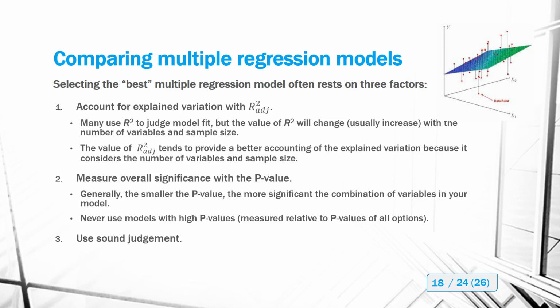Lastly, you don't want to forget sound judgment. There are a lot of people in industry who simply use a computer program, and there are computer programs that will run multiple different types of models and then give you a comparison. And typically, the computer software will pick the one with the highest adjusted R-squared value. This is not the way to make the selection for the best models.